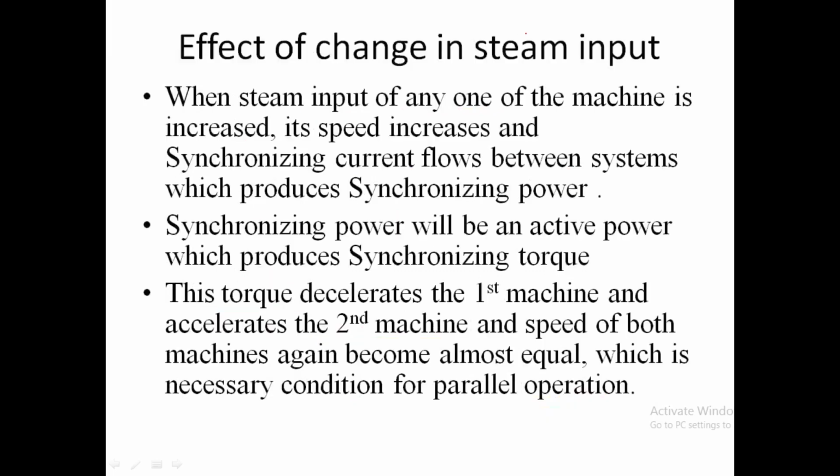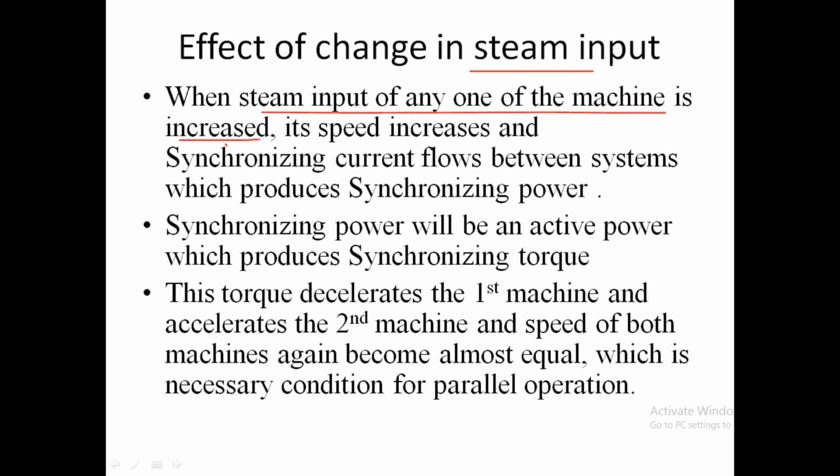Now we move to the second effect, the effect of change in steam input. Steam input is given as the mechanical input to the rotor. Suppose the steam input of one of the machines, let it be the first machine, is increased.